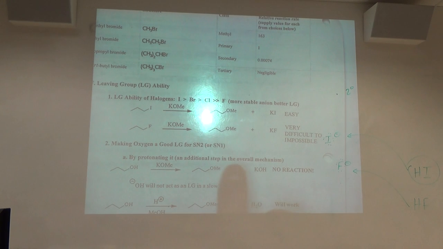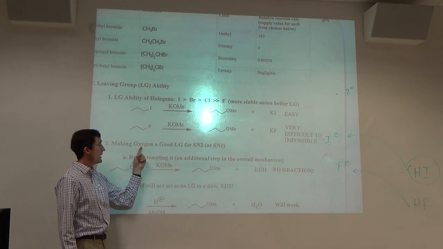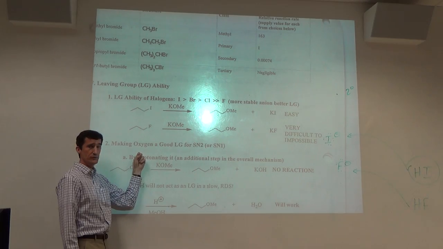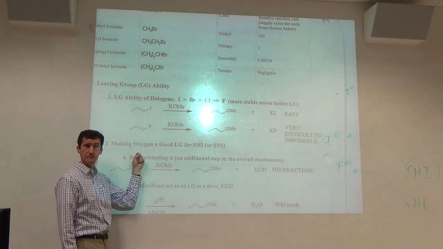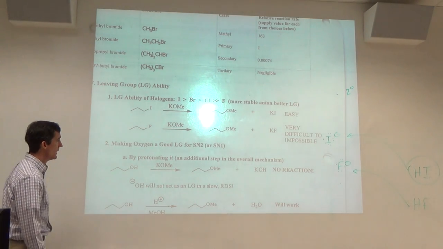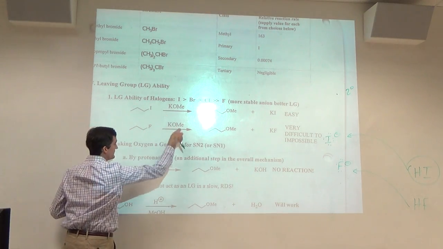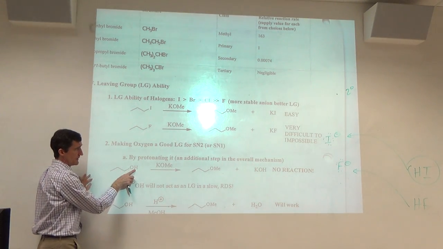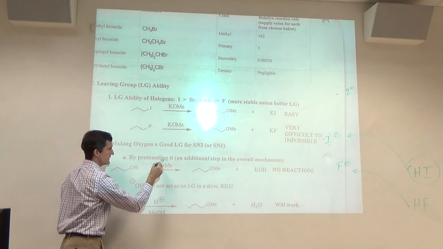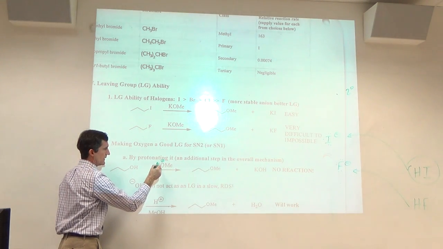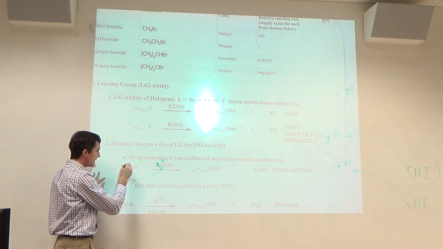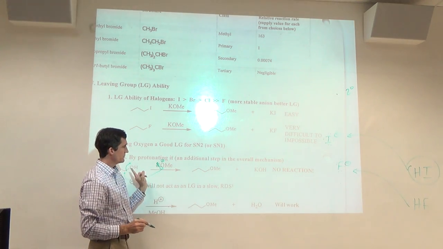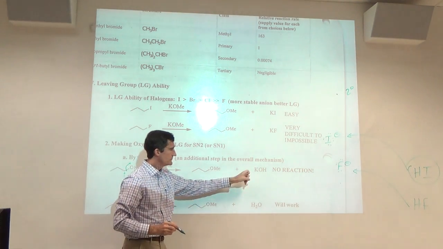Okay, other than halogens, what other atoms can be leaving groups? Well, oxygen can be, but we have to activate it somehow. For example, if we do the same reaction up here but have an OH, could this come in here and kick off the OH, replacing the OH with an O-methyl?